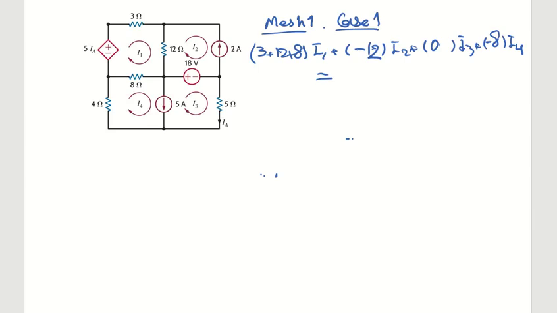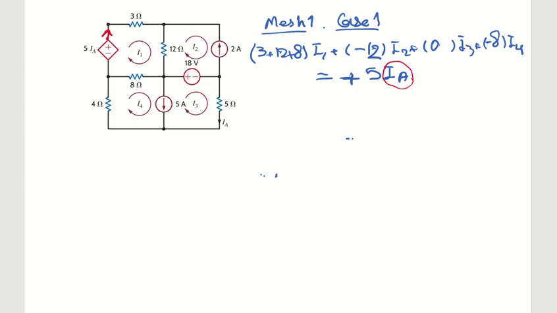The other side of the equation is going to be all the voltage sources in that mesh. For the sign, you check the direction of the current in that voltage source. If you check the direction of I1 in the voltage source, it is entering the negative and exiting from the positive terminal, which is what I'm expecting for an active element. So it's going to be with a positive sign, positive 5IA. Here IA is the controlling parameter for the dependent source.